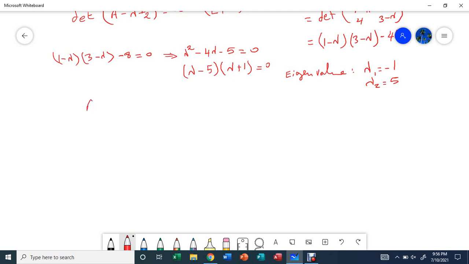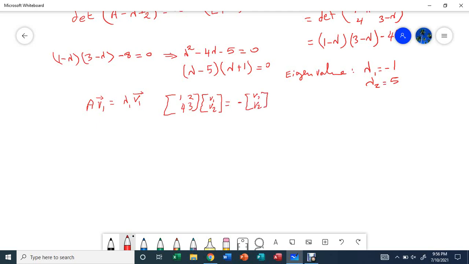The definition is A v1 equals lambda 1 v1, and A is 1, 2, 4, 3. v1 we don't know, that's what we're looking for, so let's call its entries v1 and v2, equals lambda 1, which is -1, times v1 and v2.